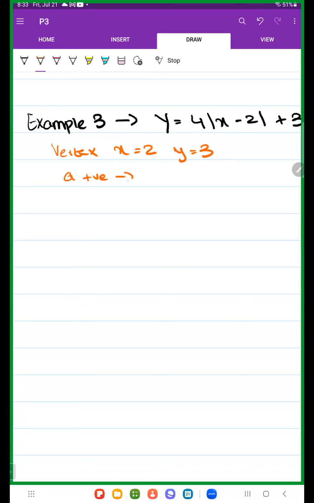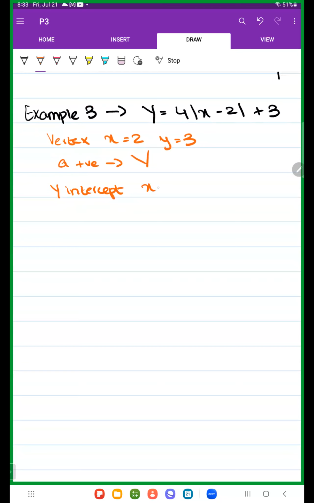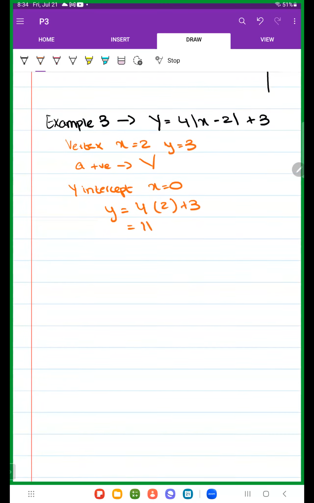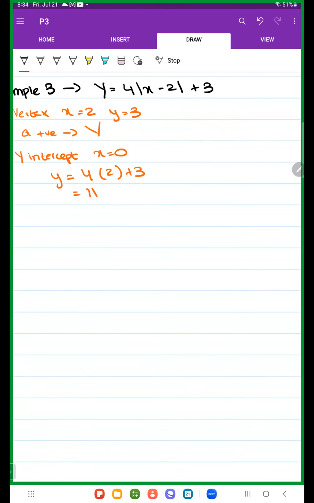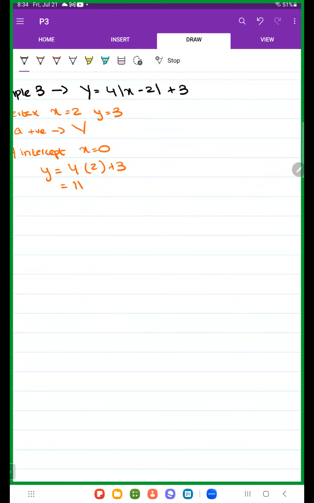So my shape would be like this, and the y-intercept would be y is equal to 4 minus 4 into 2 plus 3, which will be 11. Wait, hold on. I made a mistake. Just a second.